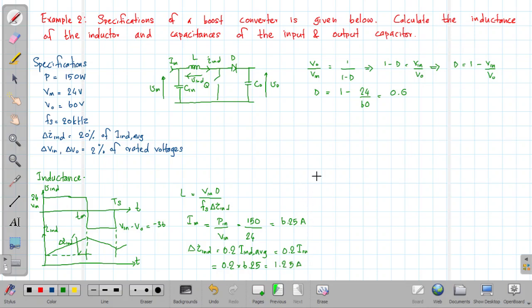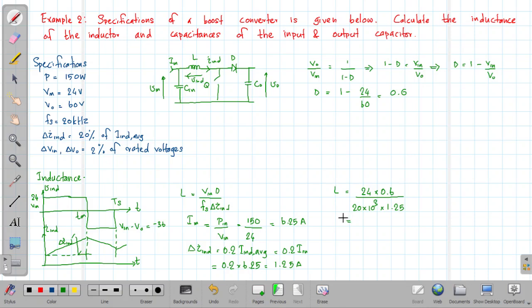From this you can find L. V in is 24, the duty ratio is 0.6, divided by the switching frequency of 20 kilohertz, multiplied by delta I inductance of 1.25.